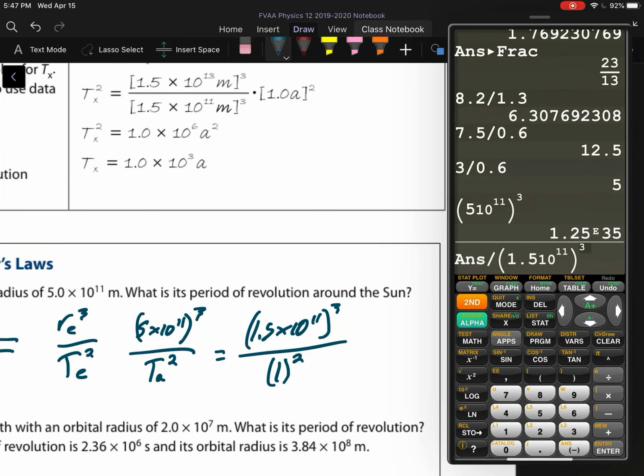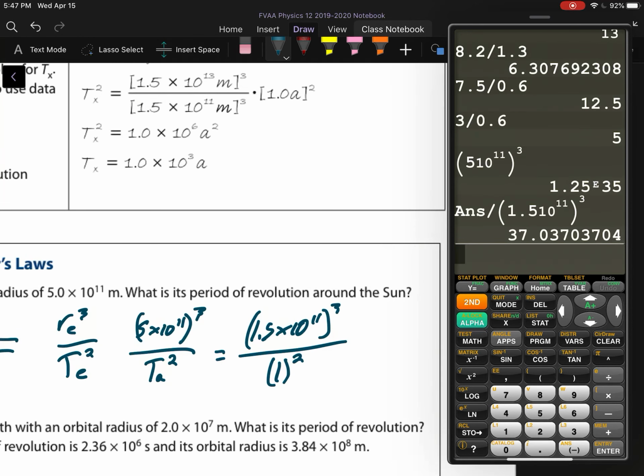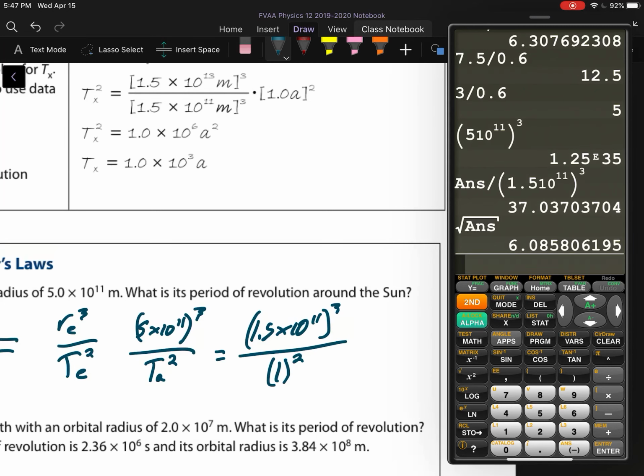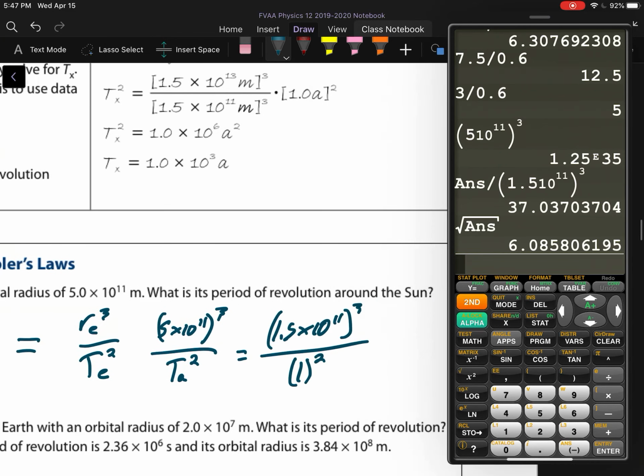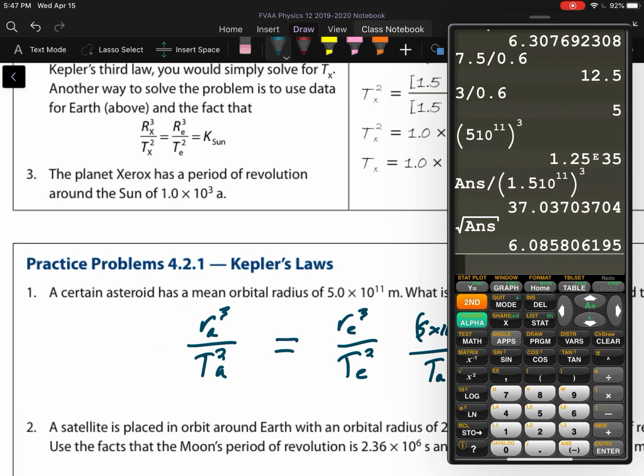Okay, so that's going to apply the cube before the division. So that's 37. That's equal to the period of the asteroid squared, but I need just the basic period of the asteroid. And so I get around 6 years, or 6.1 years based on the sig figs that we have here. So T of the asteroid is 6.1 A, which is the unit again for years. Okay, it comes from the French. Année is the word for year.